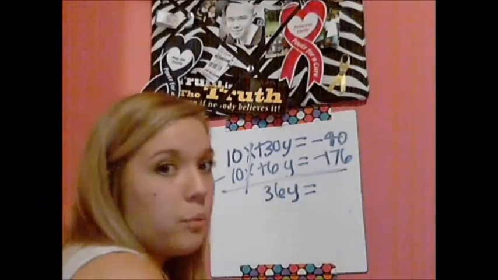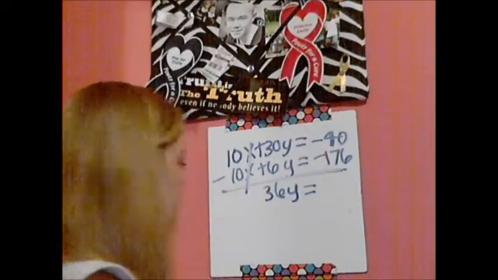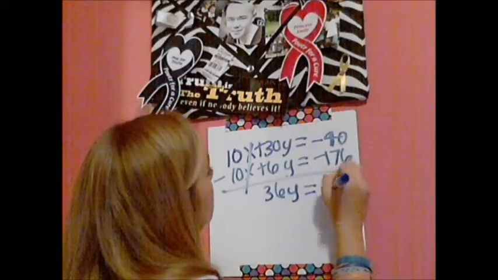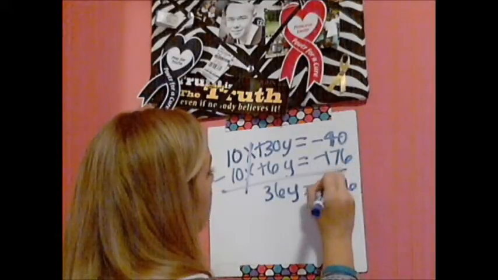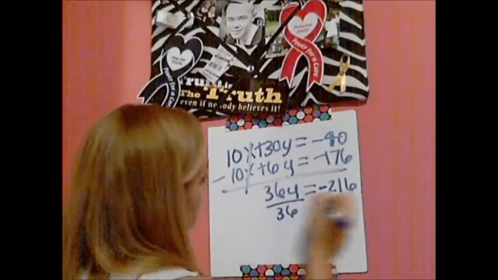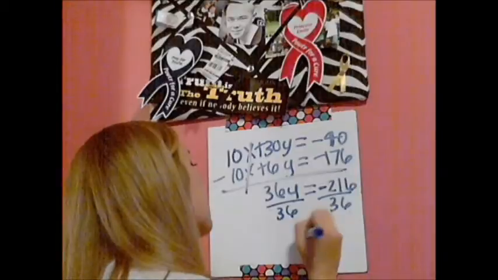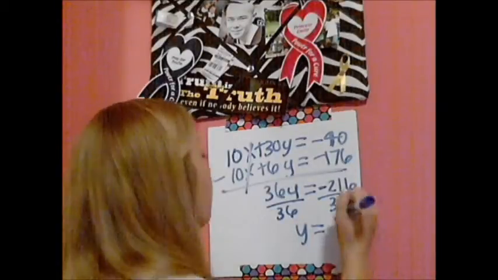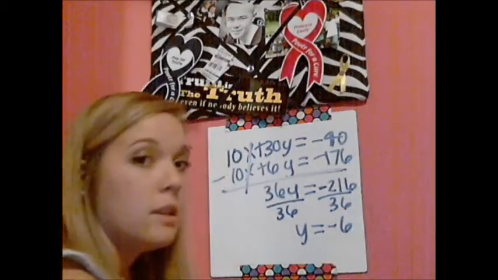And negative 40 plus negative 176 gives you negative 216. Now to get y by itself, divide both sides by 36, and that leaves you with y equaling negative 6.